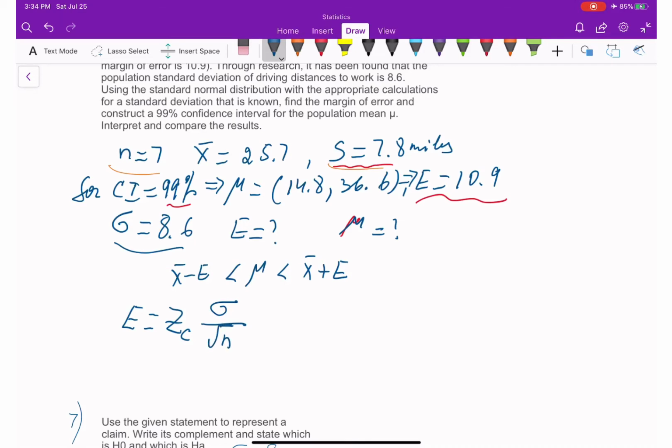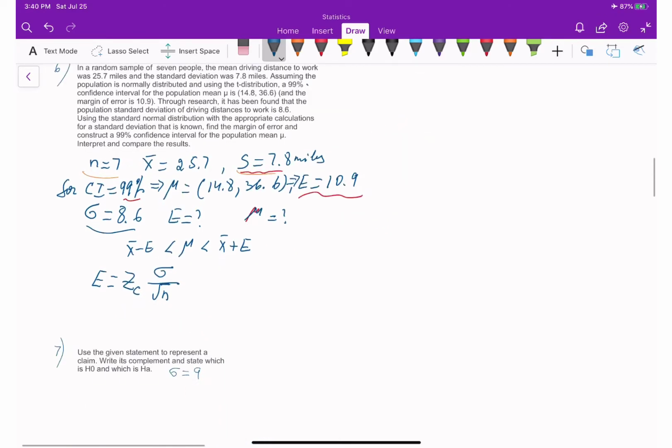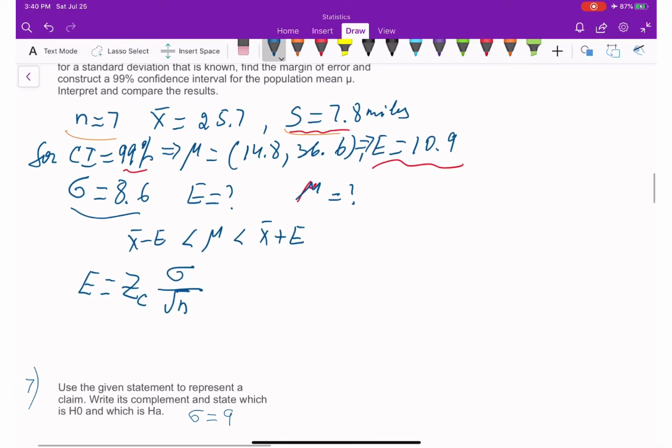For 99%, Z critical is going to be, let me see. To find Z critical, what we're gonna do, we have confidence level 99%, right? Here it is 99%. So if this is 99%, that means for these two tails here, areas, we're gonna be left with 1% together.